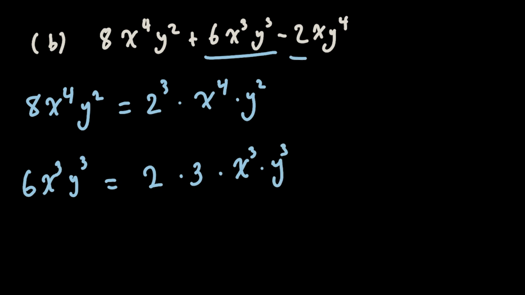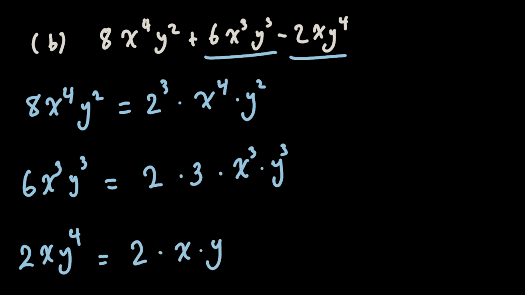Okay, let's see the next one. Here we have 2x y to the power 4, so 2 multiplied by x multiplied by y to the power 4. Okay, so as you can notice, we have 2, 2, 2, so we will take 2.